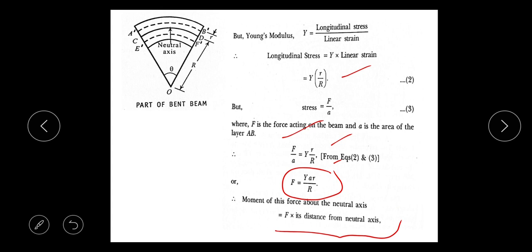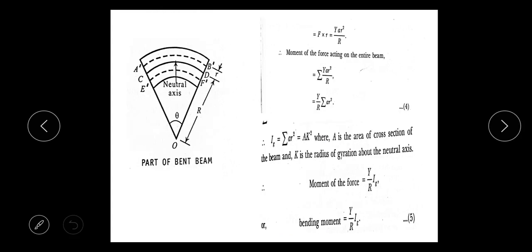Let's take this distance as small r. F equation we have. F is equal to Y A r by R. Substitute that here. So substituting for F and multiplying that by r, we get Y A r square by R. So this is for a neutral surface.